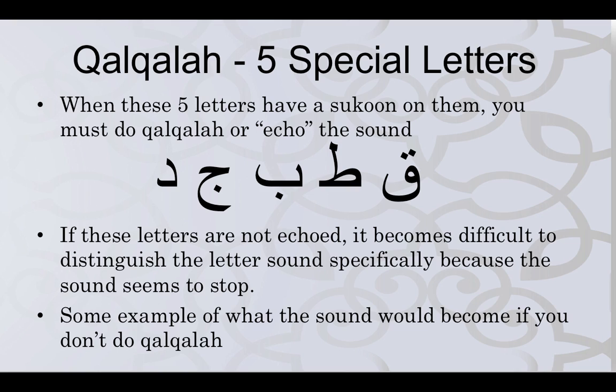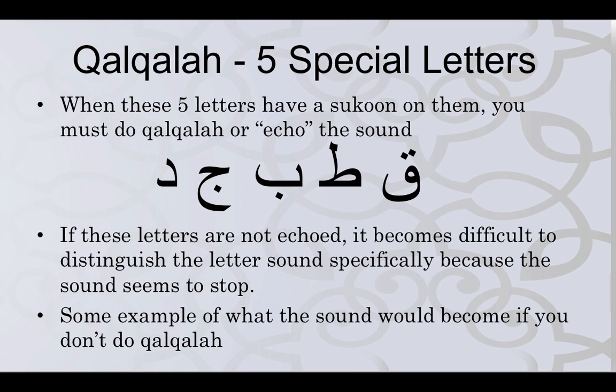Qutub jad. If you don't do the qalqalah, if you don't do the echo, the sound seems to stop and it causes an annoyance. As in, you can't tell what was just said. The sound is difficult to tell apart. That is why the qalqalah, this echo, is made.